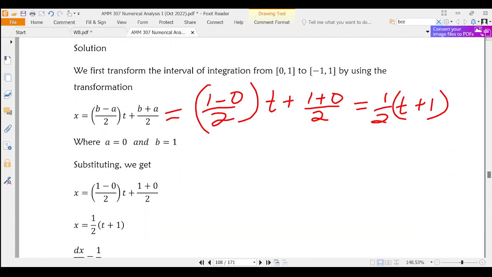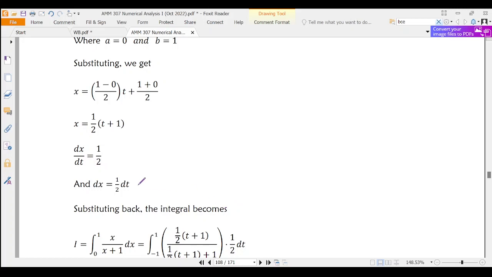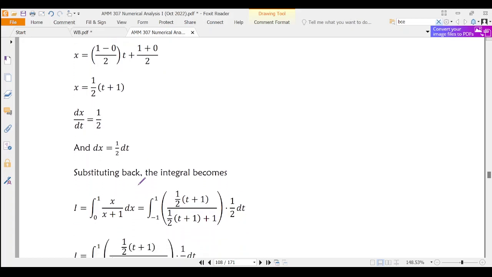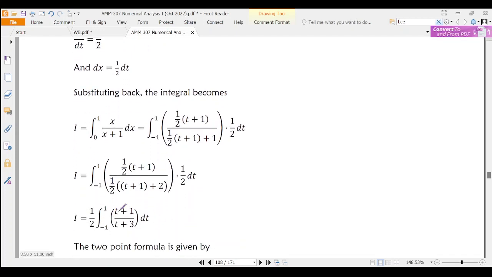So again, when we differentiate, we get a half, so dx becomes a half dt, and now we substitute again. So where we have x, we are now going to put a half into t plus 1. And we can simplify this, which will give us t plus 1 in the numerator and t plus 3 in the denominator.